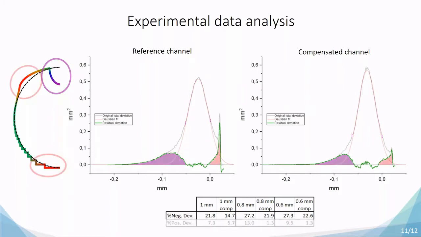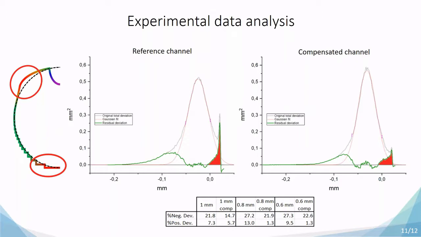On the other side, we have the positive deviation. It's not possible in this analysis to distinguish which part of this peak is caused by this straightening effect and which part is caused by the staircase effect at the bottom of the channel.